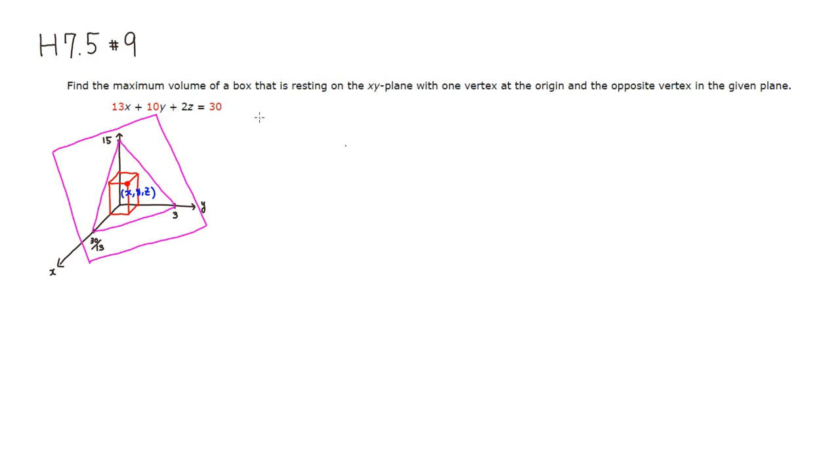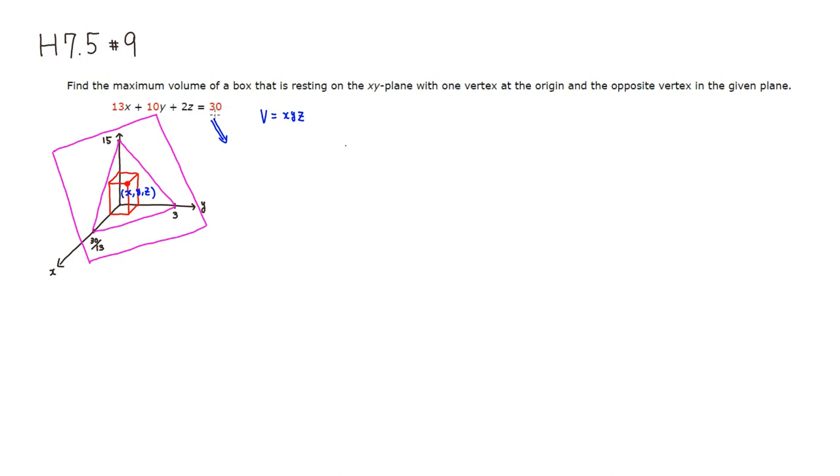The volume of the box is going to be x times y times z. But we know that x, y, z satisfy this given equality. So I'm going to solve this equation for z.